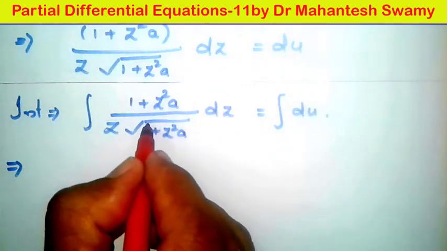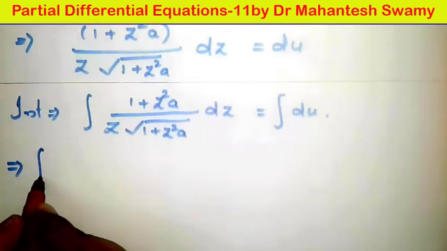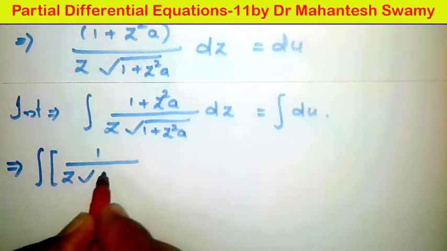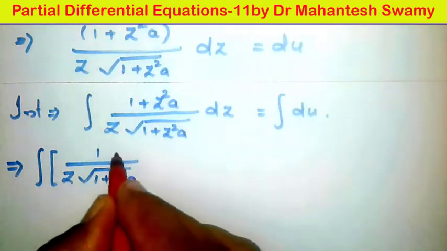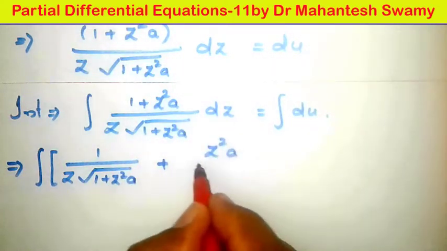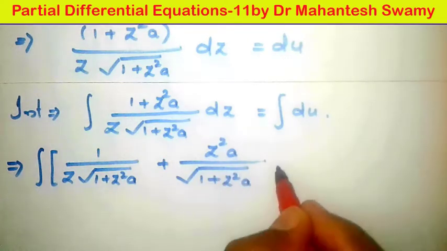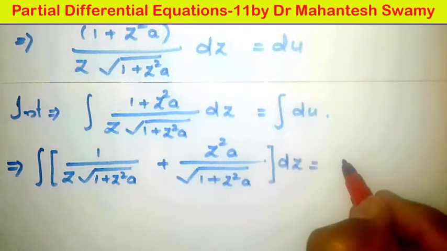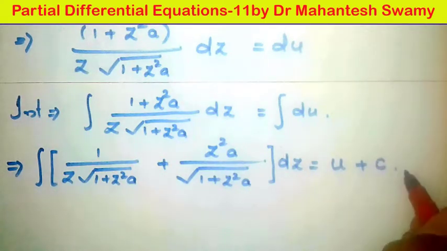So 1 divided by this plus z square a divided by this, and we shall separate the integrals. So that is going to give us integral of 1 divided by z root of 1 plus z square a, this is the first term, plus the second term is z square a divided by root of 1 plus z square a, close this bracket and then dz as it is at the end, that is equal to integral of 1 with respect to u is u plus constant of integration, let us take it as c.